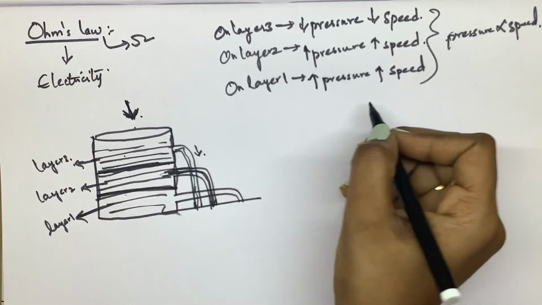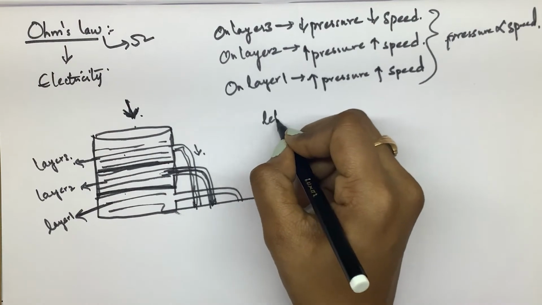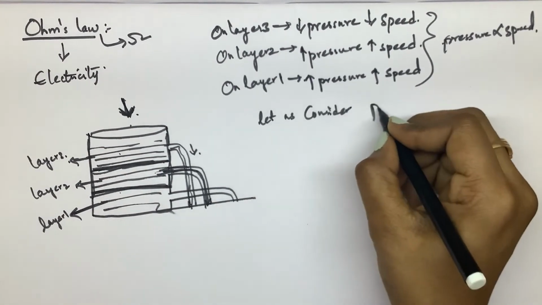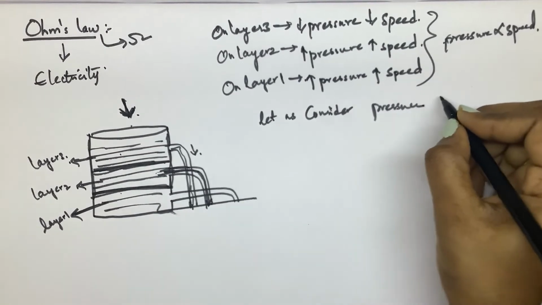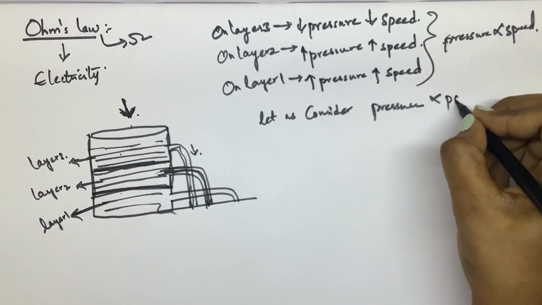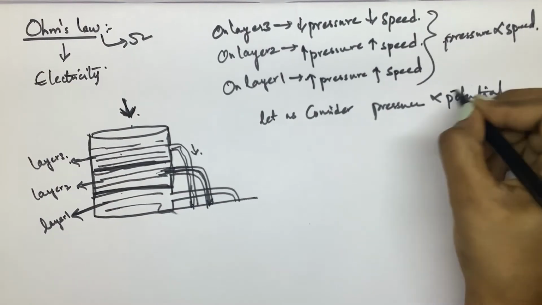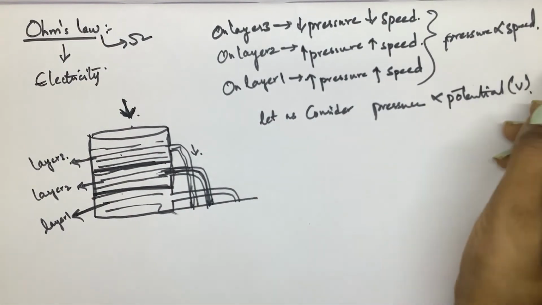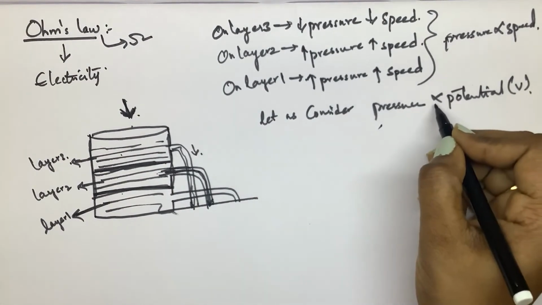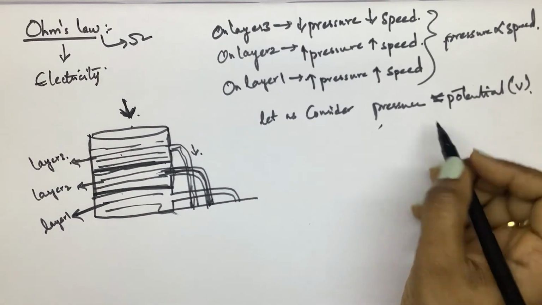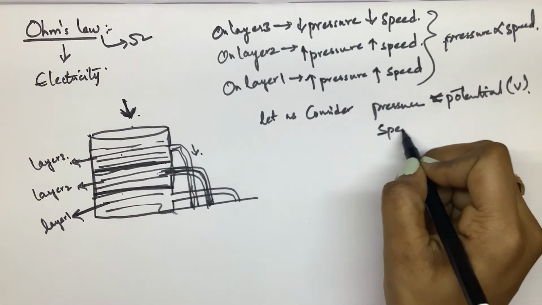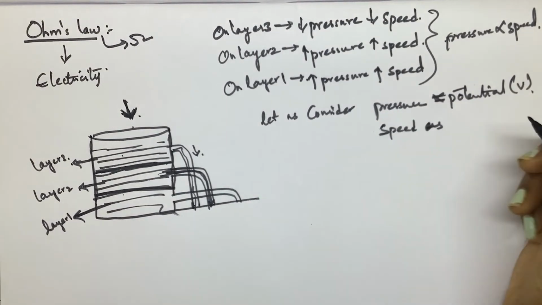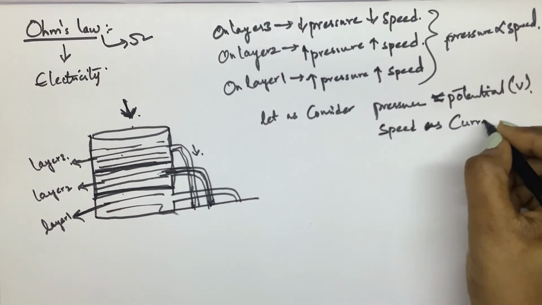Now let us consider pressure as potential, in bracket P. Then consider potential and speed as current.